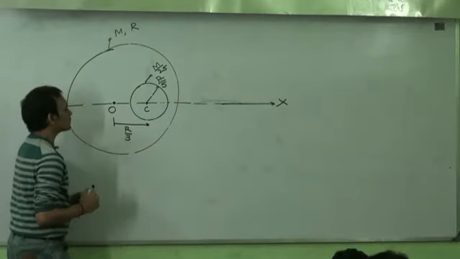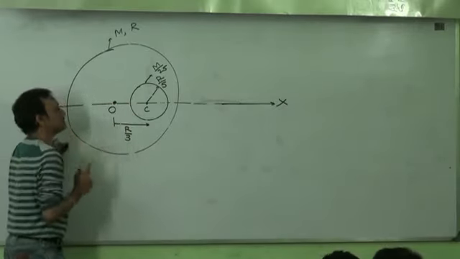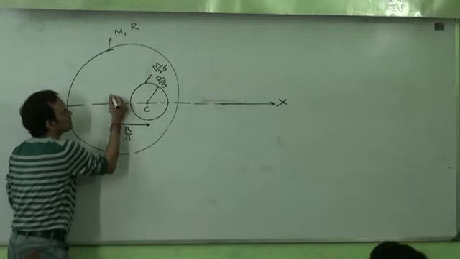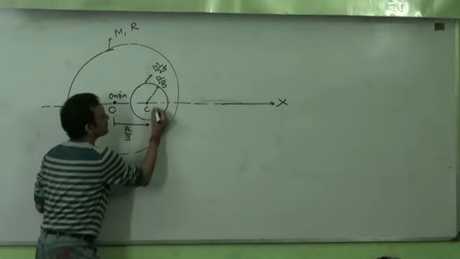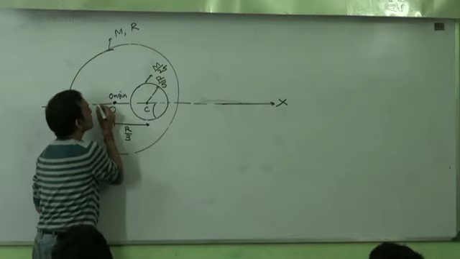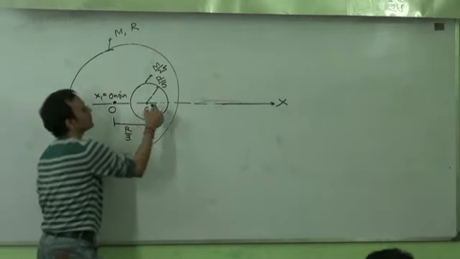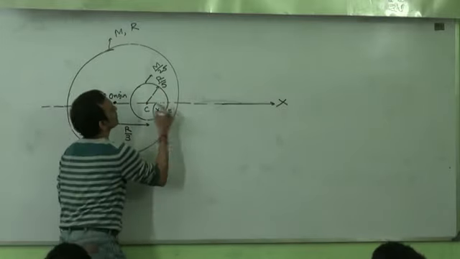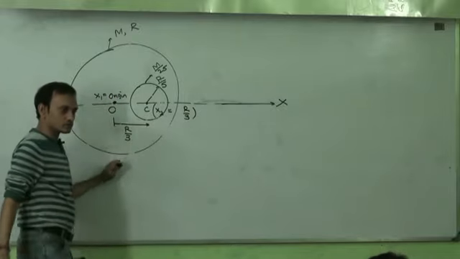All right. What we do is, this is the bigger mass, and call this the origin. The x coordinate of this bigger mass is x1, which is 0. This is x2 of the smaller mass, which is r by 3, right?